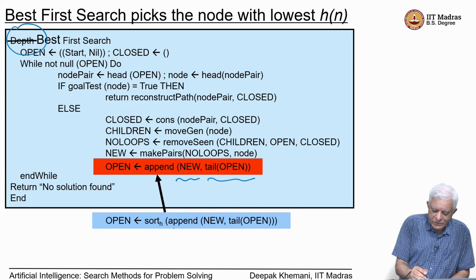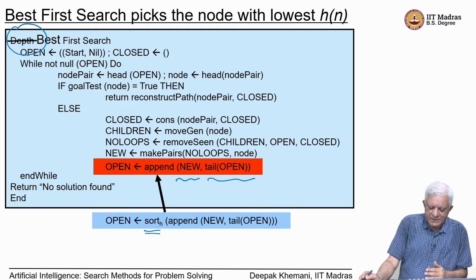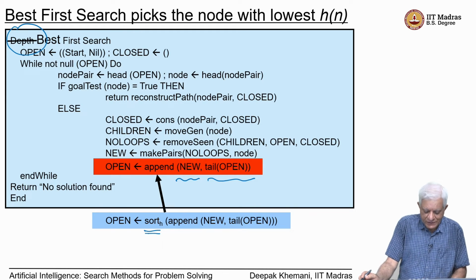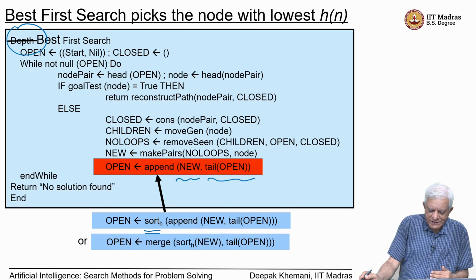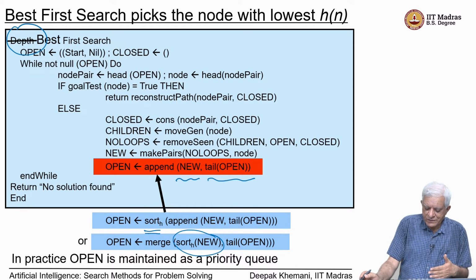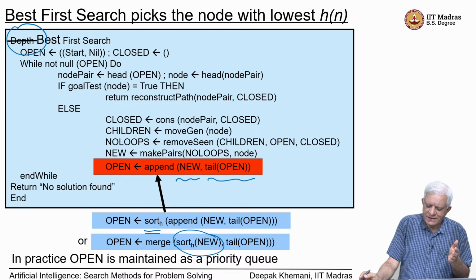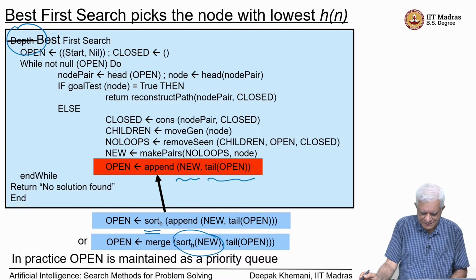What we are saying now is you do that, but in addition you also sort the open list. That means the best node will always come to the head of open. Instead of doing this less efficient thing, we might first sort the new nodes and then merge them into the tail of open, because sorting is an expensive operation and merging is a linear time operation. But as I said earlier, in practice open is maintained as a priority queue.